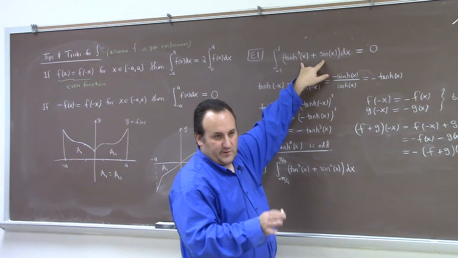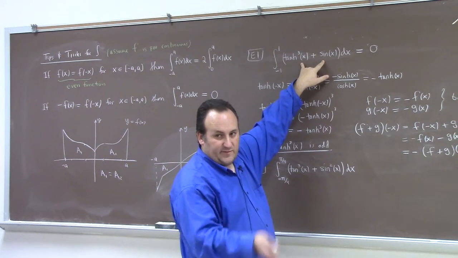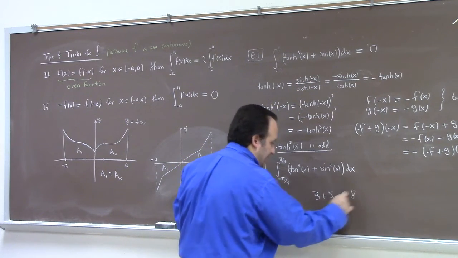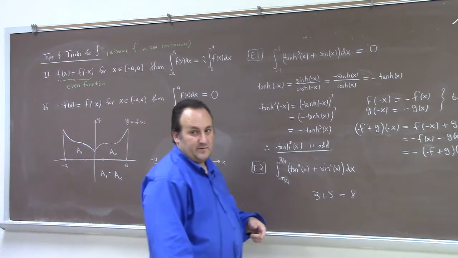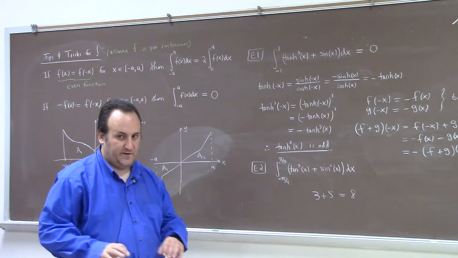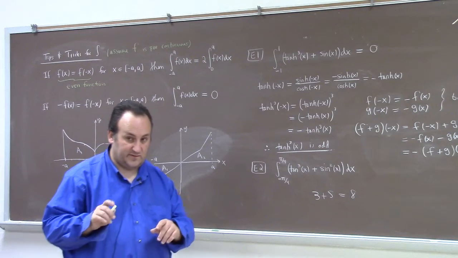So be careful, this word odd: for arithmetic, yes, 3 plus 5 is 8, so the sum of odd numbers is an even number. But it works differently for functions. The product of odd functions is an even function.